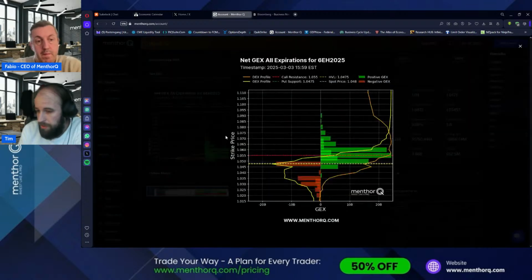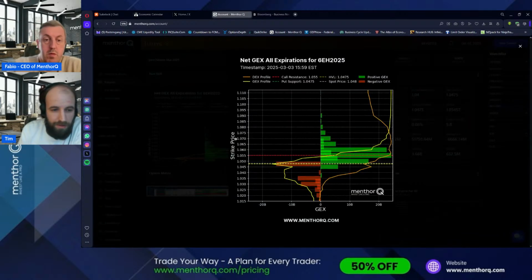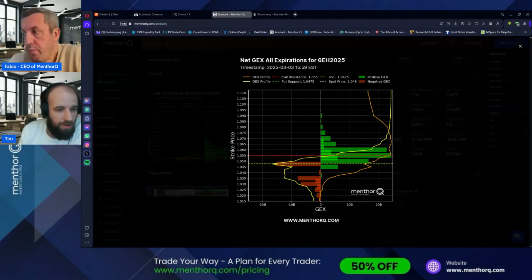So what I always do, looking at the market as a whole in terms of net GEX for all expirations. So this shows you the 6E and what's baked in for all options trading into this.